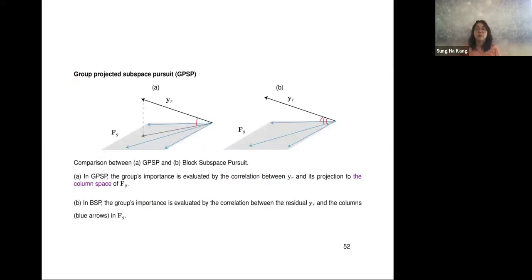The group SP that we propose in this paper is different from block subspace pursuit. In the group projected subspace pursuit, the main difference is that when you're looking for the column, we compare against the column space of the previous vectors. If you use the block subspace pursuit, you just find the best one, but we do project to the column space.